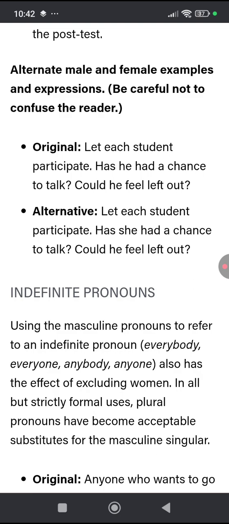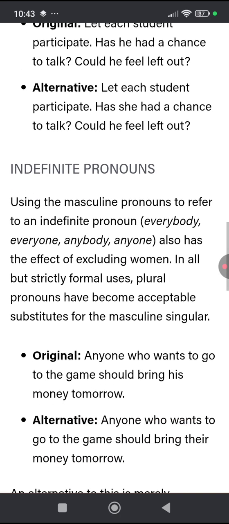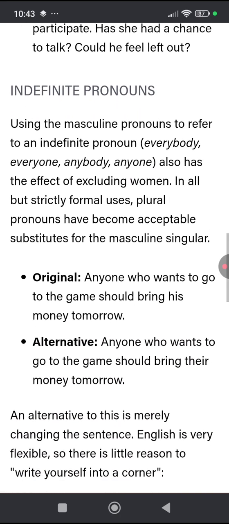Has she had a chance to talk? Could he feel left out? So here, the word student is referred to by both the feminine pronoun she as well as the masculine pronoun he. So this includes both males and females, masculine and feminine.